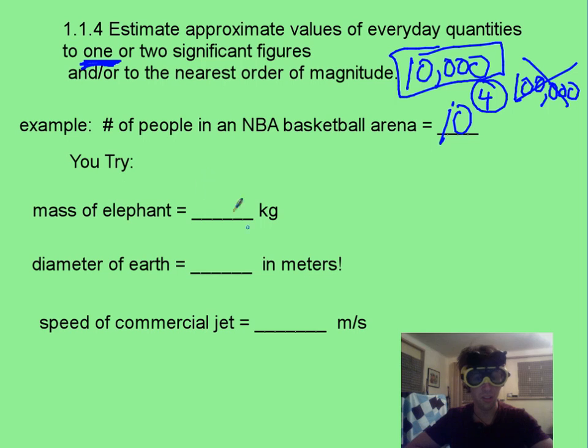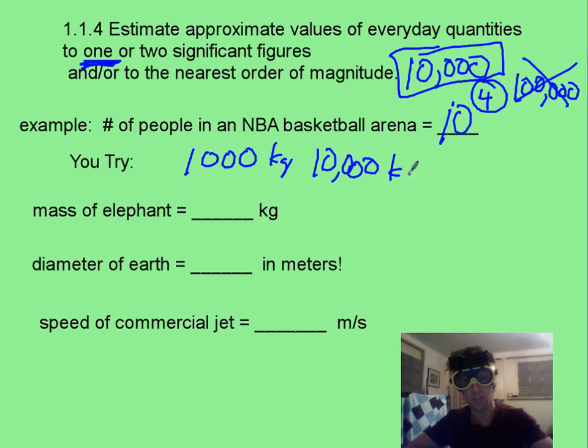So pause it, see if you can figure out to the right magnitude the numbers for these here. Now for an elephant, it's a question of, does an elephant weigh closer to 1,000 kilograms, or closer to 10,000 kilograms? I think it falls in between, but I'm going to go with this. So I'm going to say it's probably 10 to the third.